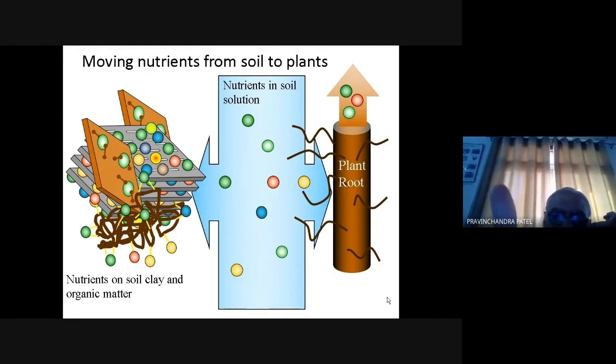Then whatever nutrients, calcium, magnesium, sodium, potassium, are taken by the plant. So continuously the plant will take the nutrients, and therefore we are adding nutrients in soil. That nutrient is dissolved in soil and forms a soil solution, and that nutrient is taken by the plant root for growth and development.